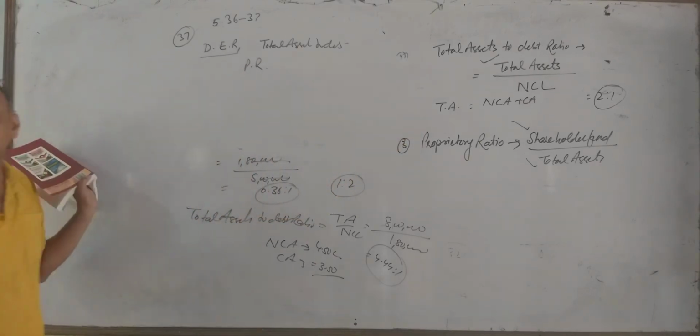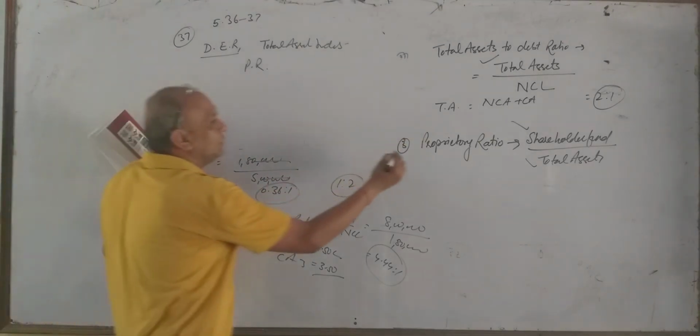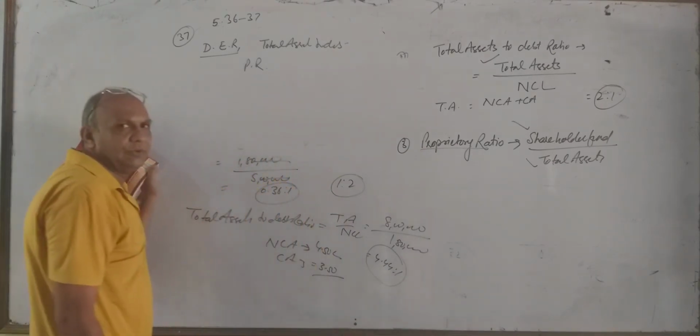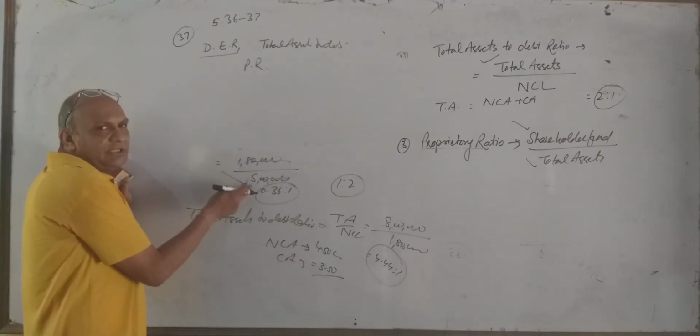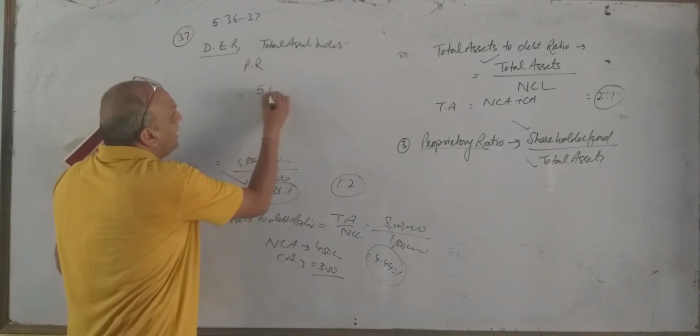Now the last formula, proprietary ratio. The formula is shareholder fund upon total assets. Shareholder fund is already ready with us, 5 lakh.